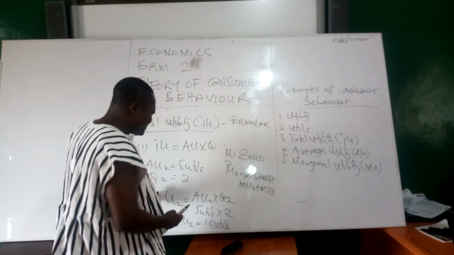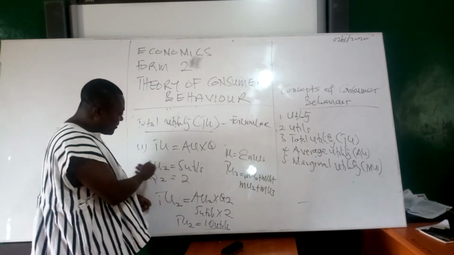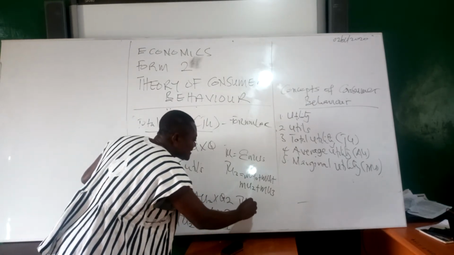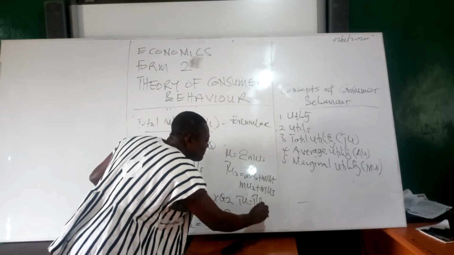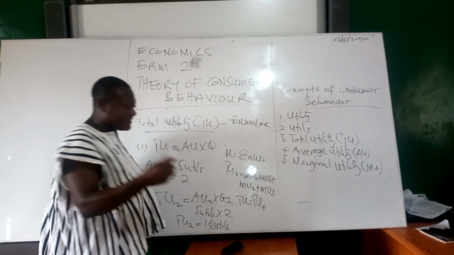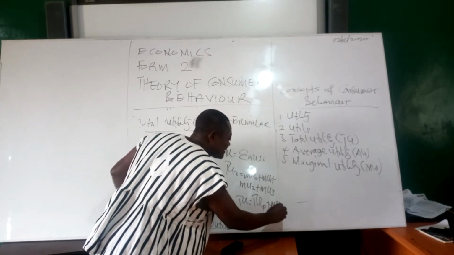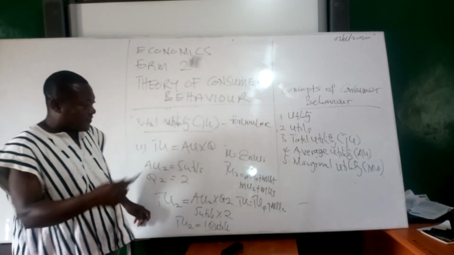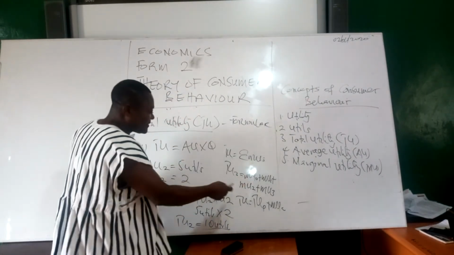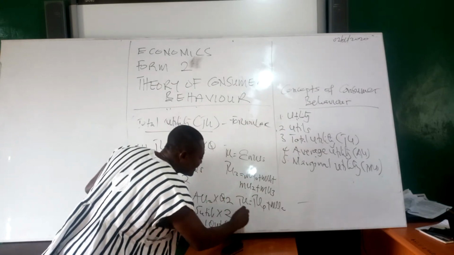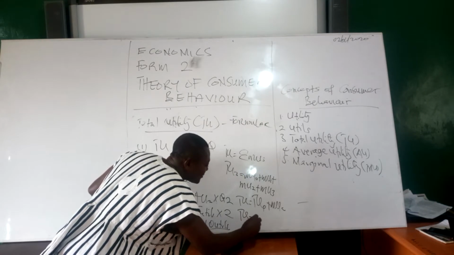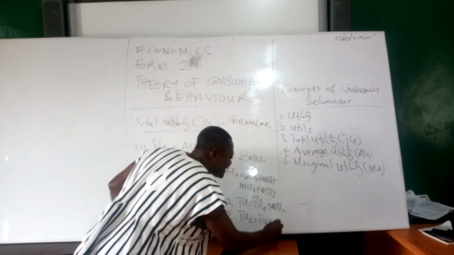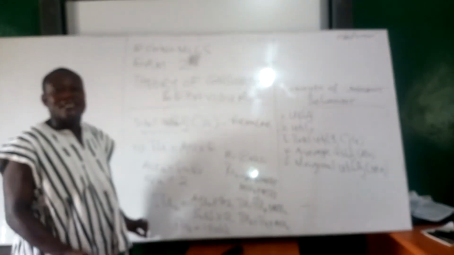Then the next method of calculating total utility is: total utility is equal to total utility for the previous quantity plus the marginal utility of the current quantity. So for example, if you are calculating total utility 2, then we have total utility 1, that is the previous, plus the marginal utility 2, that is the one received.